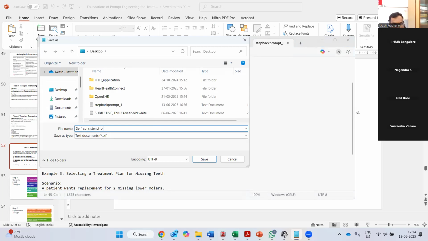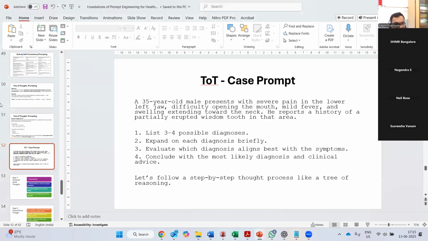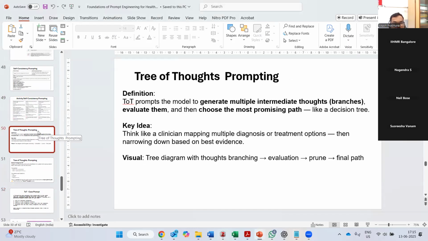Consistency prompt. So you guys can try out this whenever you get time to understand the process and how you can build a prompt and see how you are able to write those prompts.